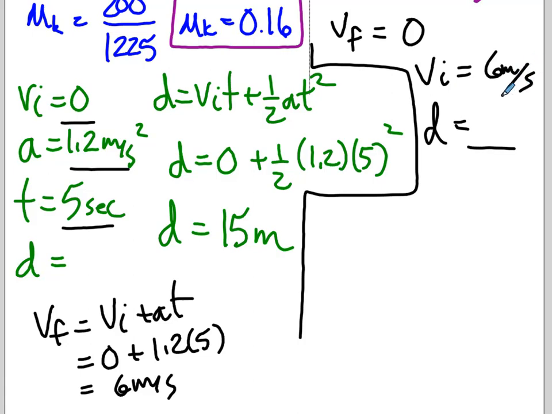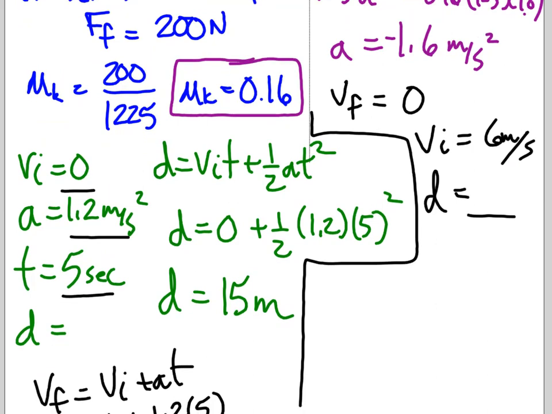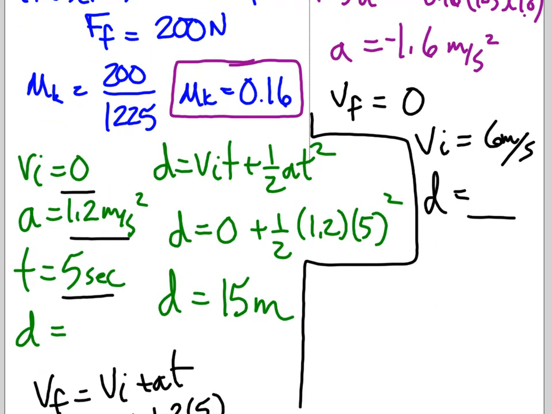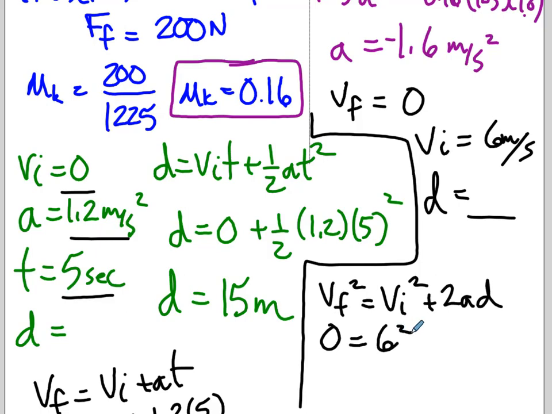Now if we go back to that side, we have an acceleration, a final velocity, an initial velocity, and we're looking for a d, so I'm going to use this equation. I know this is 0. I know this is 6 squared. I know this is 2. This is negative 1.6. And this is d.